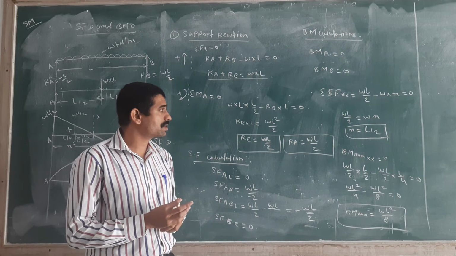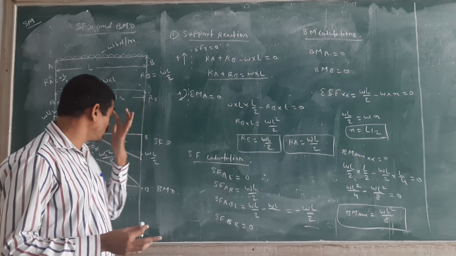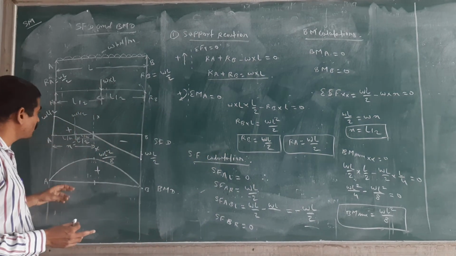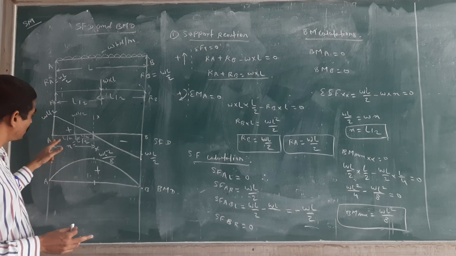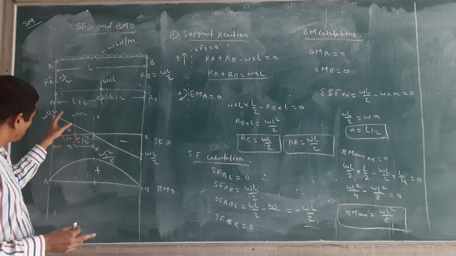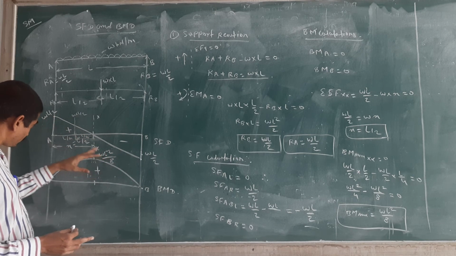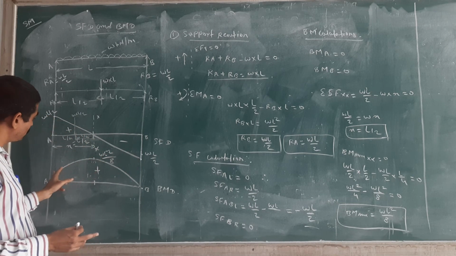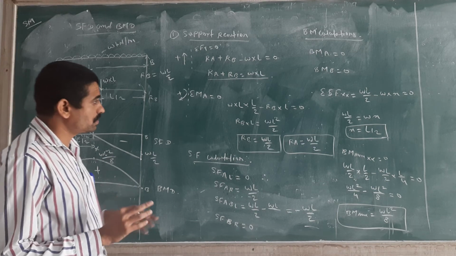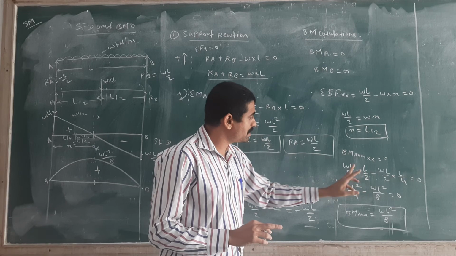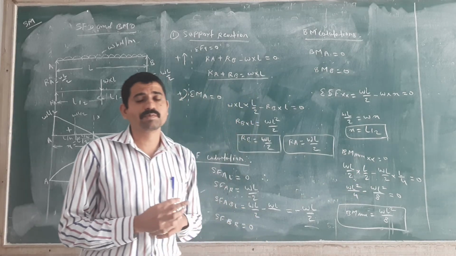But more important, when you do the calculation of the BMD, remember that you get 0 at point A and 0 at point B. But here you have drawn the inclined line in the SFD, so definitely you will get a parabolic curve. So you have to calculate the maximum bending moment. And where will we get the maximum bending moment?